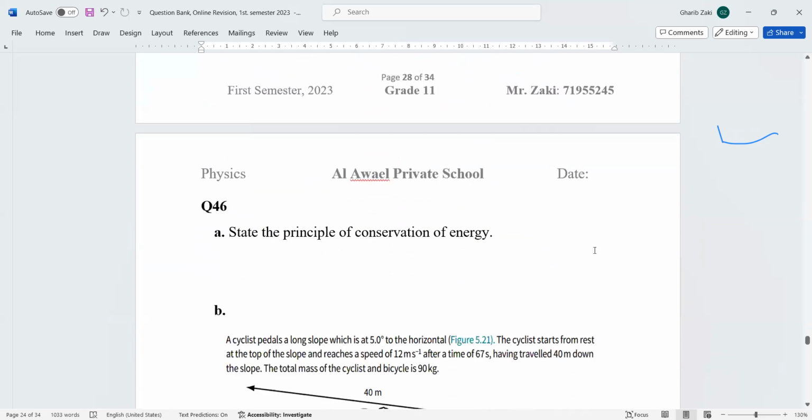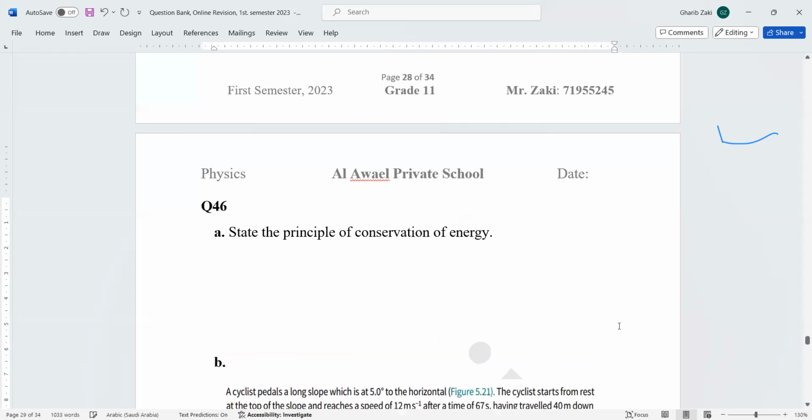Next question. State the principle of conservation of energy. I will write it for you. Energy cannot be created or destroyed.